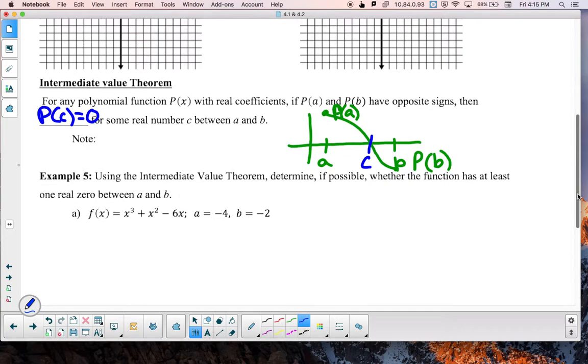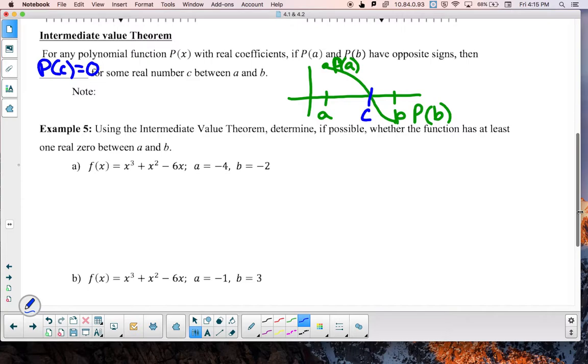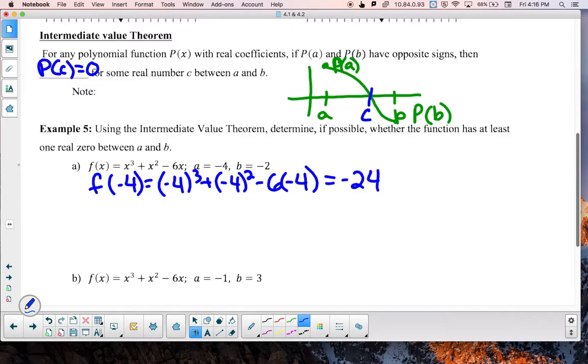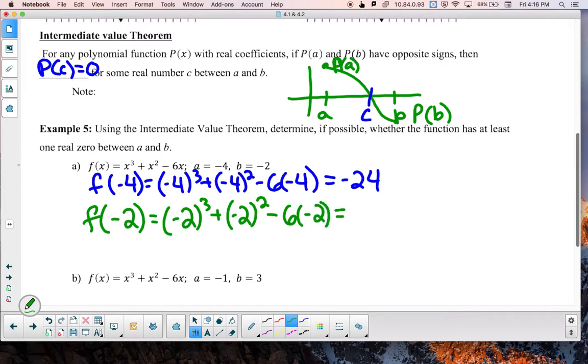For example 5, it says determine, if possible, whether the function has at least one real 0 between A and B. So we're going to take f of negative 4, which would be negative 4 cubed plus negative 4 squared minus 6 times negative 4. If we type all of that in, we see that this is equal to negative 24. And then f of negative 2 means negative 2 cubed plus negative 2 squared minus 6 times negative 2.